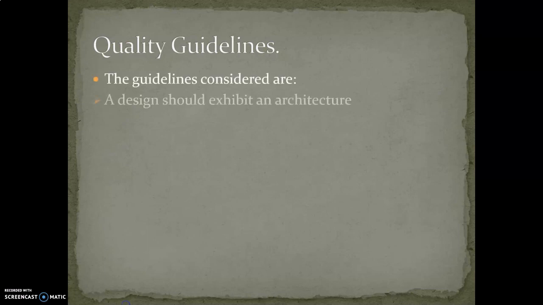The guidelines considered here are: a design should exhibit an architecture that has been created using recognizable architectural styles or patterns, and is composed of components that exhibit good design characteristics, and it must be implemented in an evolutionary fashion also. And the design should be modular, that is, the software should be logically partitioned into elements or subsystems. That means we have to divide the software into modules.